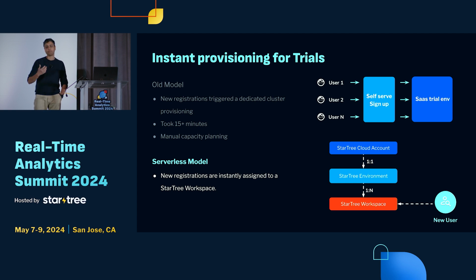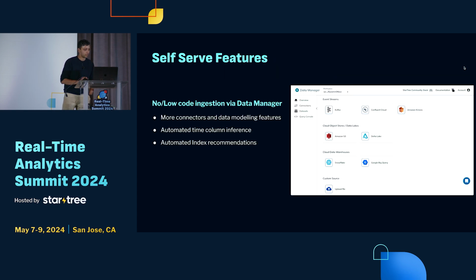But now we have many of these workspaces running within the same StarTree environment. This allows us to do instant provisioning. Anyone coming in is assigned a StarTree workspace within seconds, and you'll see this in the live demo.